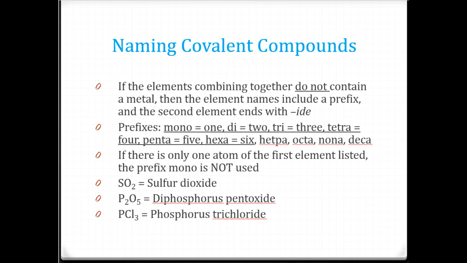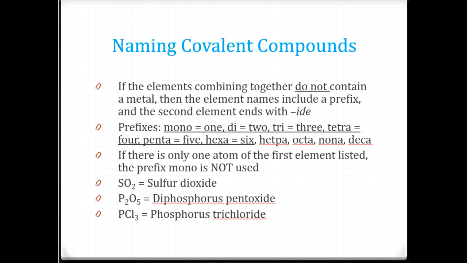Whereas with covalent bonding, you can't really do that. You can have lots of different combinations, like you could have PO3 instead of P2O5, so you have to use the prefixes.